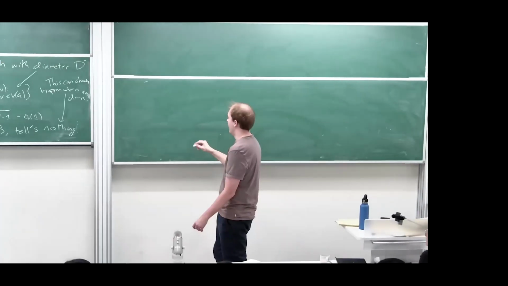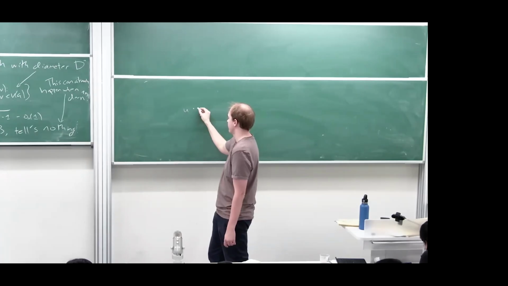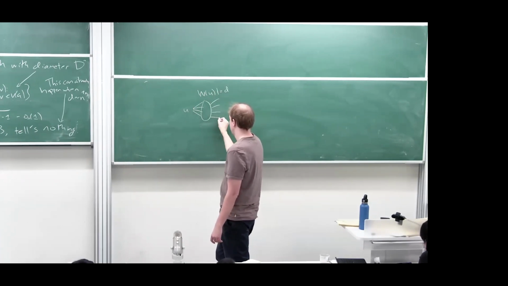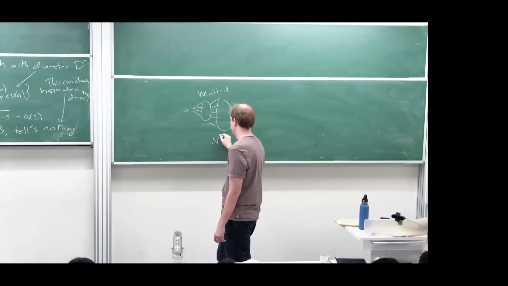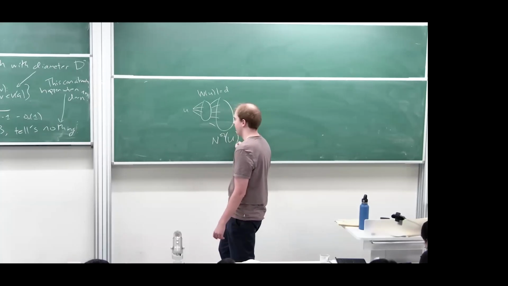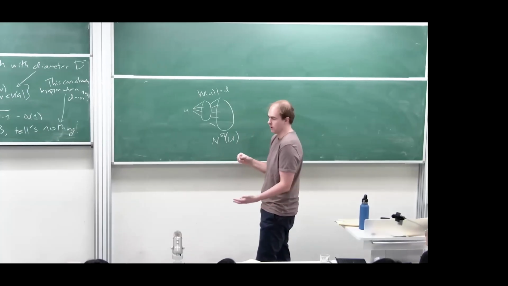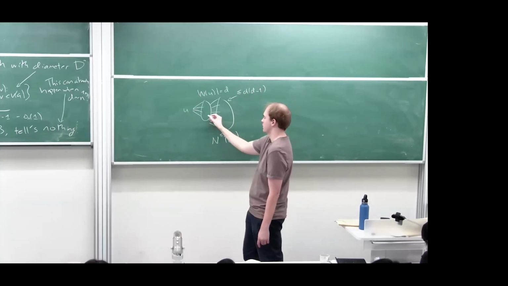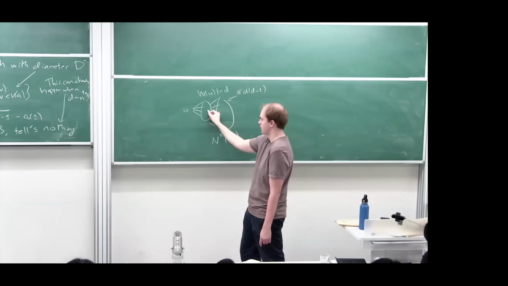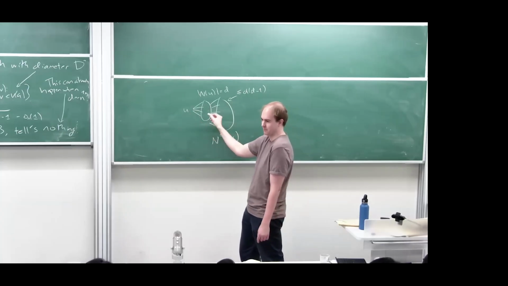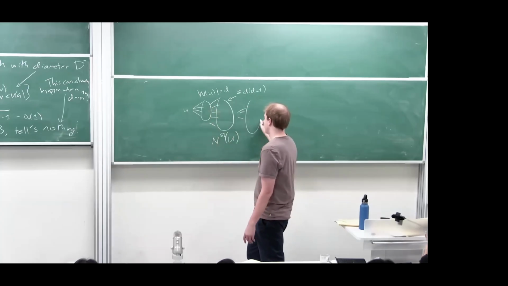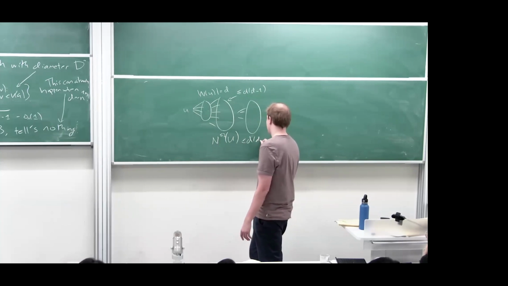So if we have a d-regular graph and we fix a vertex u, then the neighborhood of u has size d. The vertices which are at most distance 2 apart, there are at most d times d minus 1 of them, because everything over here has d neighbors, and one of them has to be u. At most d minus 1 gets further and further away, and so on. On the next level, we have at most d times d minus 1 squared.